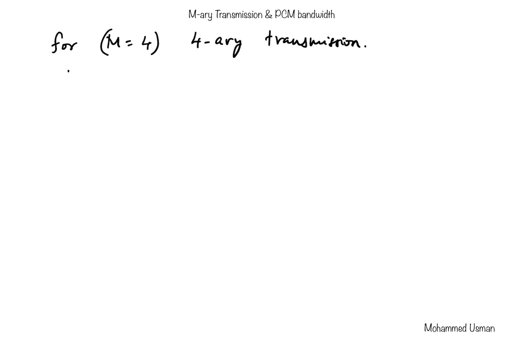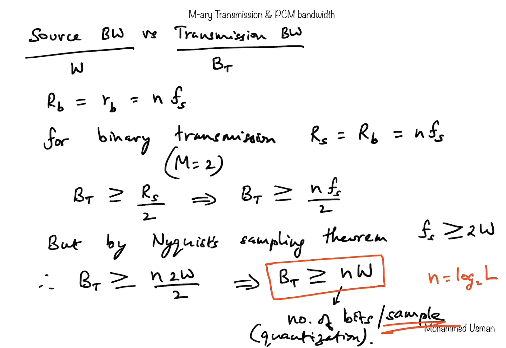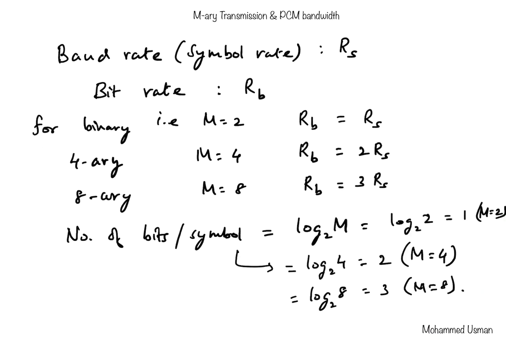What is the relationship between RS and RB? The bit rate RB is going to be 2 times RS, as we've seen earlier for M equal to 4, and this 2 is nothing but logarithm to the base 2 of M, which is 4.